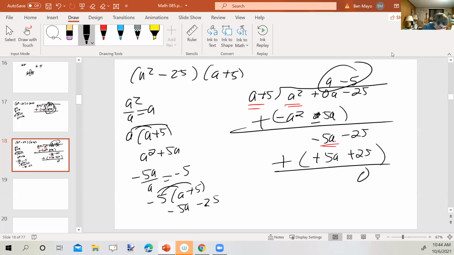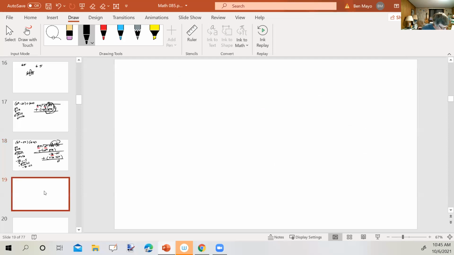Okay, let's go back and look at some more examples. 25x squared minus 16 divided by 5x minus 4.